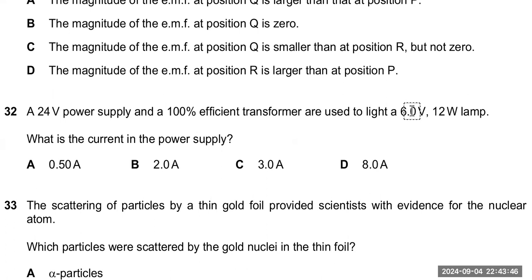The reason is that it is not involved in solving such types of MCQs, because it has mentioned the 12 watt. But on the input side they have given you the input voltage, and you have to find the input current. That is why on the output side you will not use it. You have to put the value of 12 watt of the lamp.